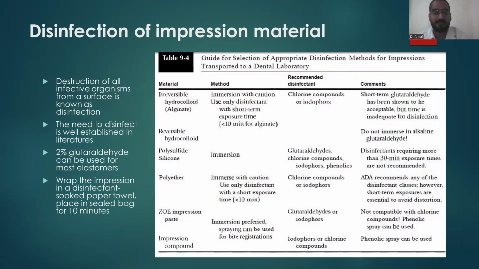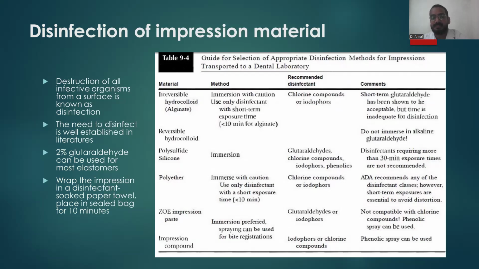Wrap the impression in a disinfectant-soaked paper towel and place it in a sealed bag for 10 minutes. And we have different materials for disinfection based on each type of impression material, such as alginate, agar, polysulfide, polyether, zinc oxide eugenol, and impression compound.